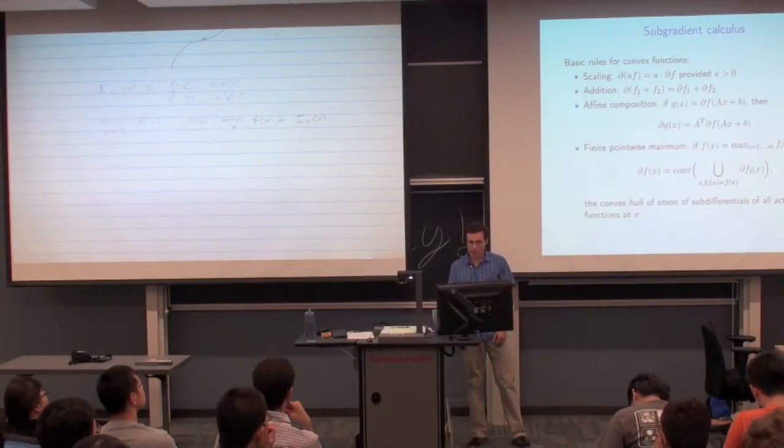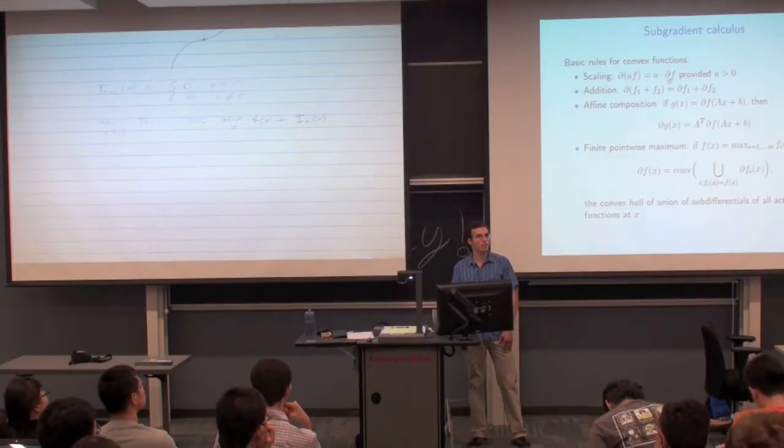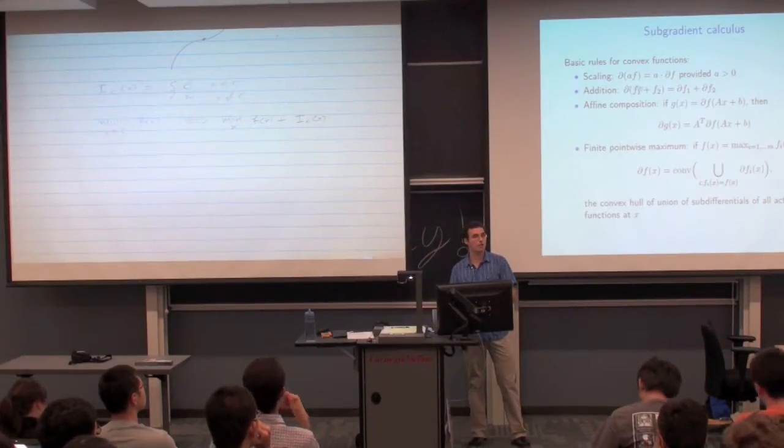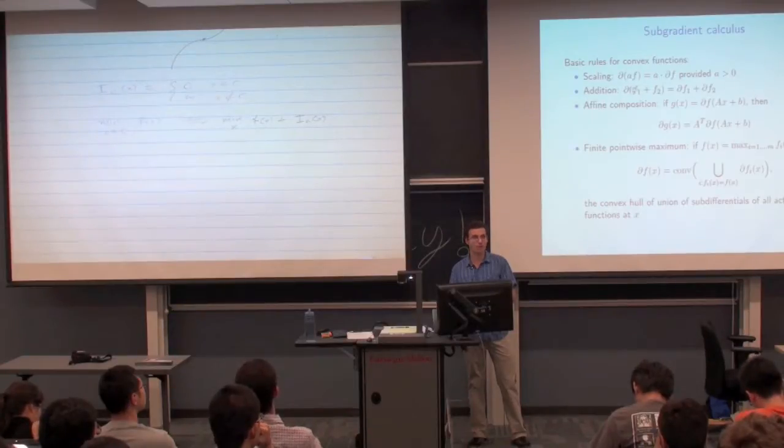So scaling: if I have a function f and I multiply it by a positive real number a, then its subdifferential is just a times the subdifferential of f. So why does a have to be positive here? Right. If a is negative, then this will not be a convex function if f is convex, unless it was linear.